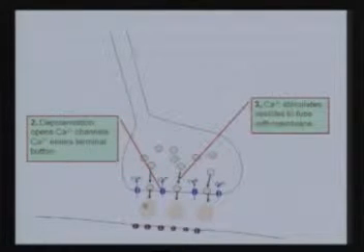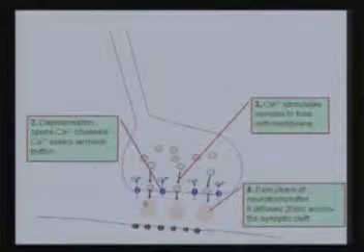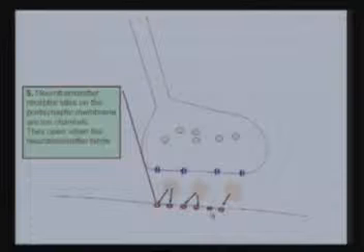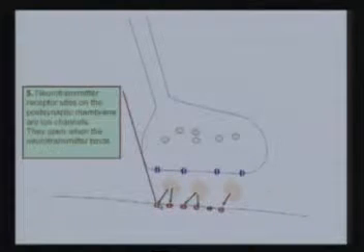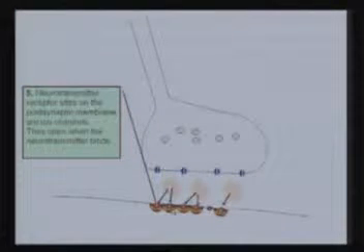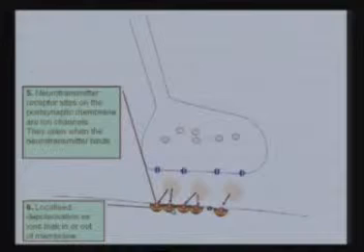This neurotransmitter, when released, will go and bind to the receptors on the next neuron, and these receptors are attached to ion channels, and these ion channels will open and cause an influx, or entrance, of sodium ions.